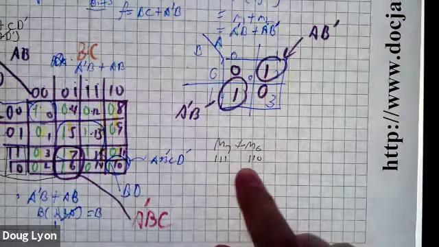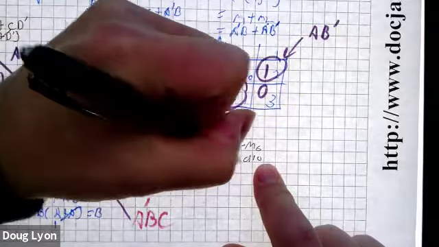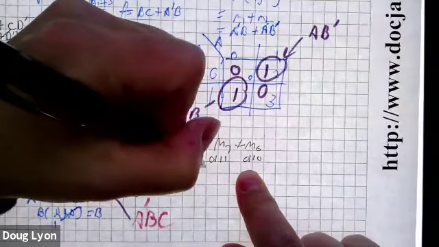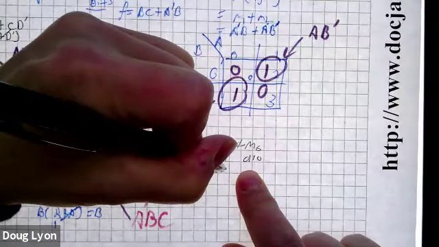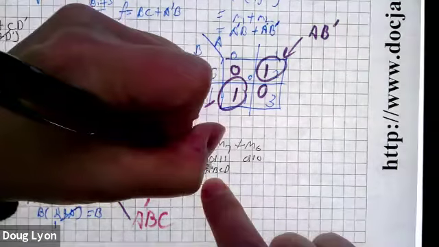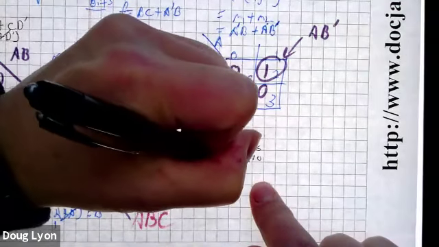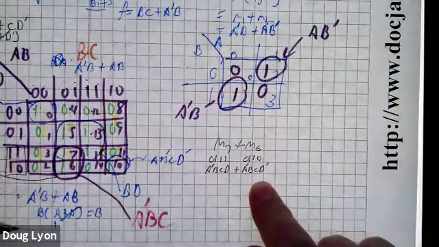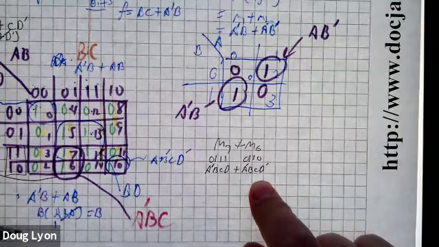And because it's a 4 variable K-map, they have leading zeros. Now if you write these things out, you write out A, B, C, D with A inverted, or A, B, C, D with D and A inverted. Now you can take out the common terms, right?